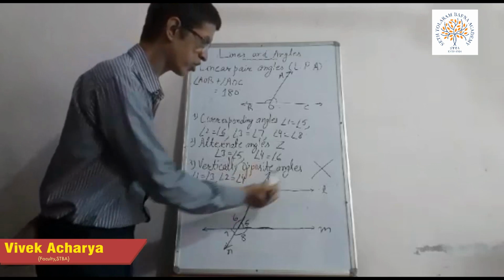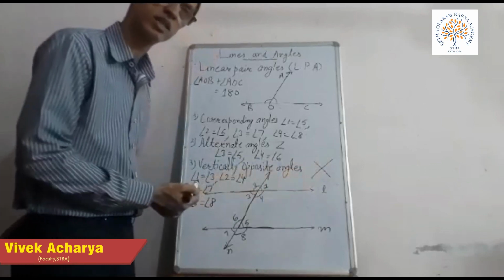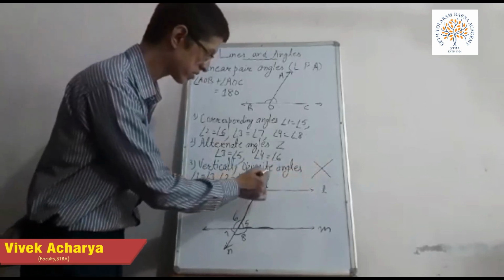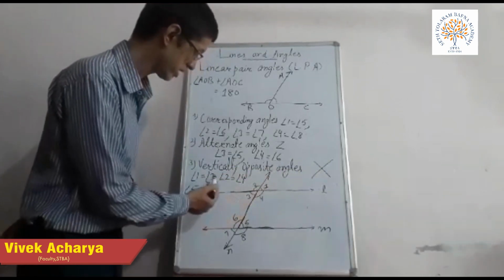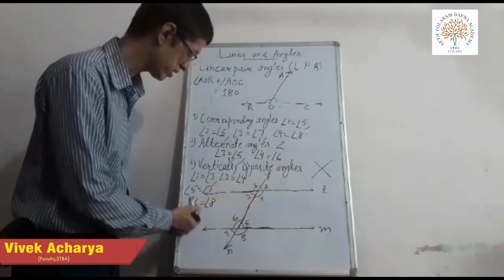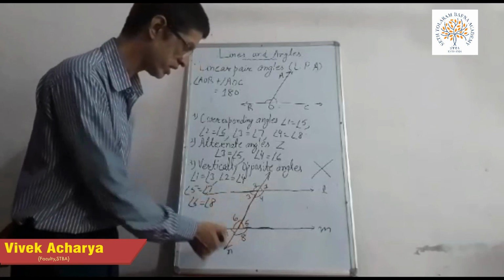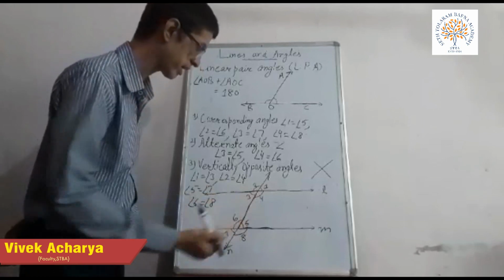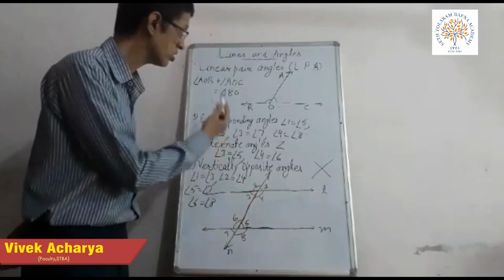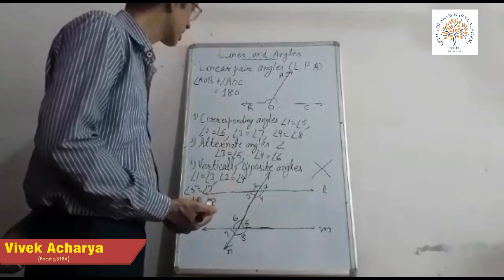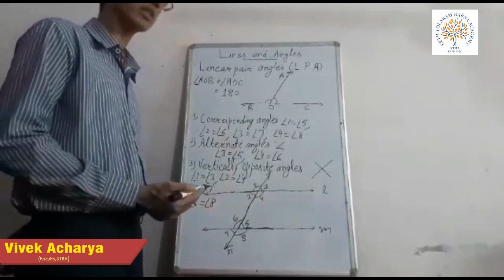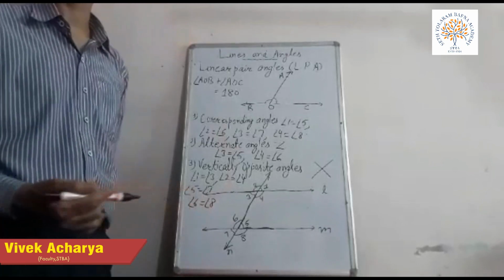These form when two lines cross each other, like this one. So angle 1 and 3 are equal, angle 2 and 4 are equal, angle 5 and 7 are equal, and angle 6 and 8 are equal. So children, these types of angles are there. I think the topic is clear to all of you.